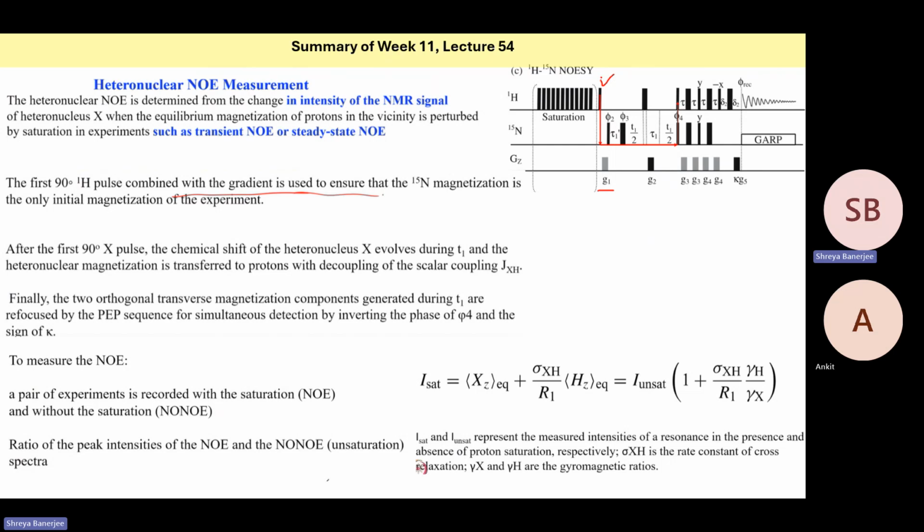So when the initial 1H 90-degree pulse is combined with this gradient, the entire magnetization is transferred to 15N. After the first 90-degree X pulse, that is this pulse, the chemical shift of the heteronucleus X evolves during t1. You can see this time t1.